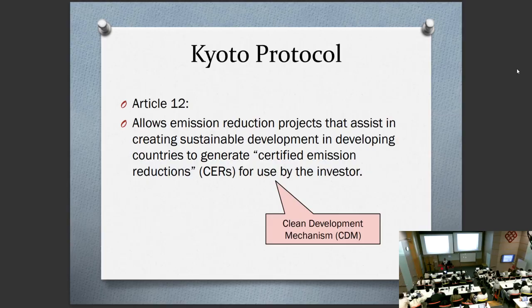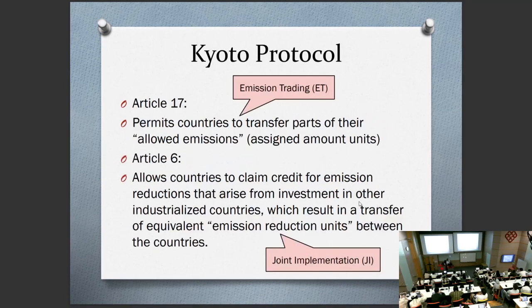So quite complicated. It seems that this clean development mechanism is similar to joint implementation. Both are about investment, money, investing in some clean technology, and resulting in emissions reduction.